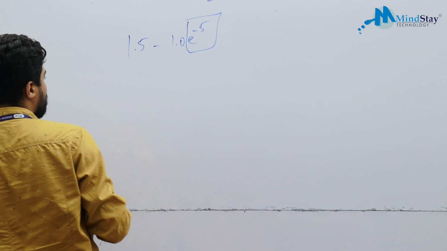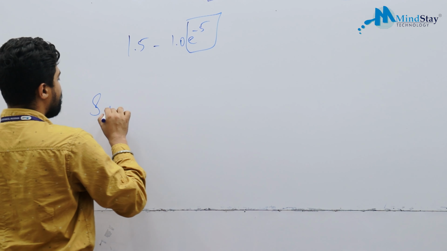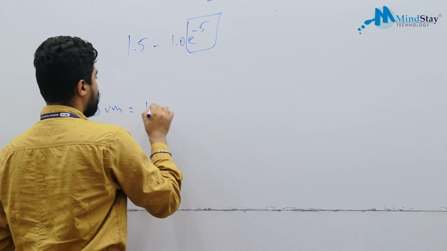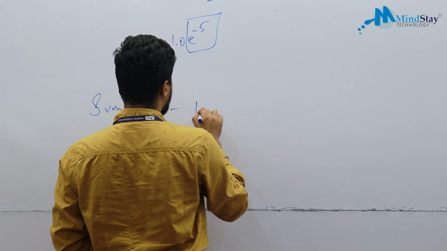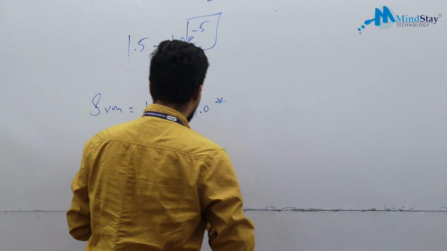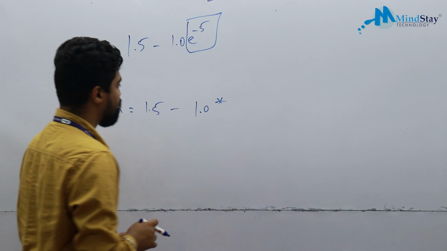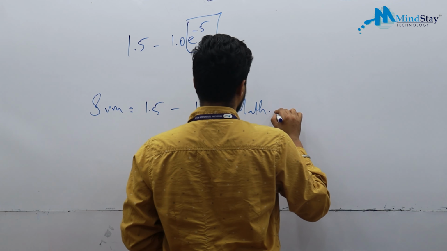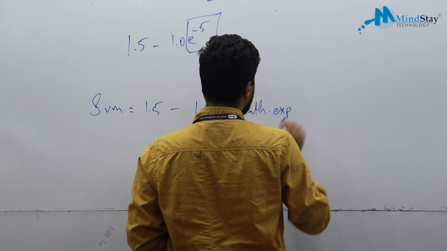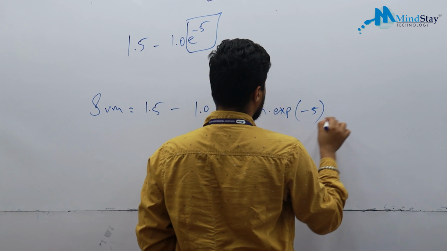In this case, let's say sum equals 1.5 minus 1.0 multiplied by math.exp, and in brackets I'll put negative 5.